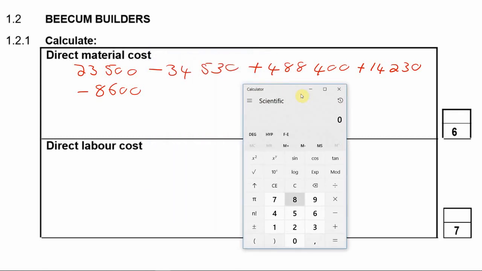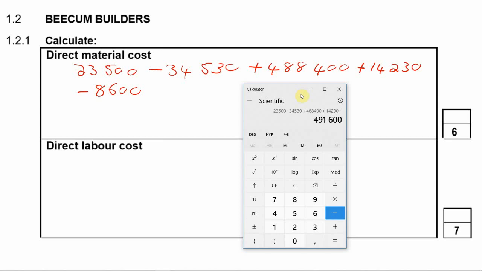So we have in fact 23,500, that was the opening stock. We subtract the closing stock since we did not use it during the year. We add that which we purchased during the year on credit and for cash. And we add also the transport cost to get it to our premises.